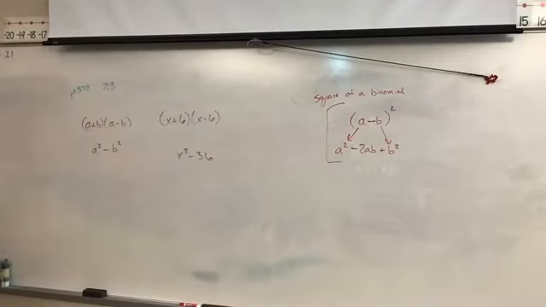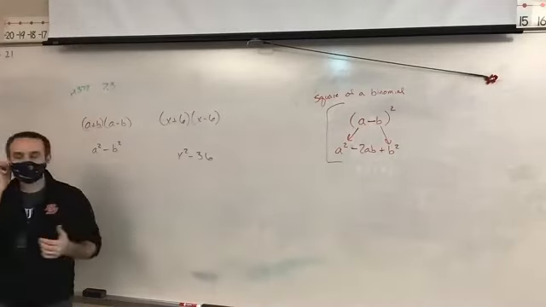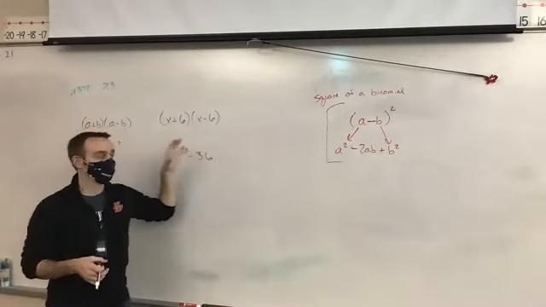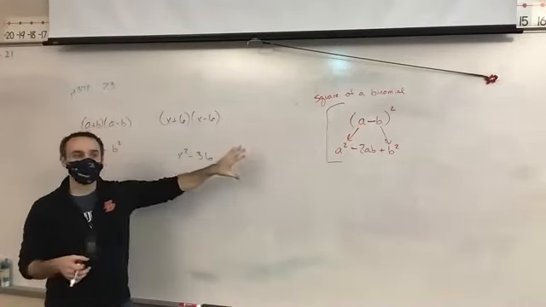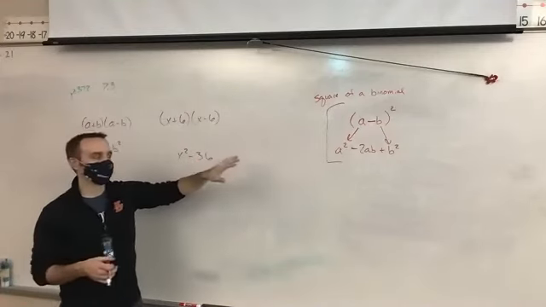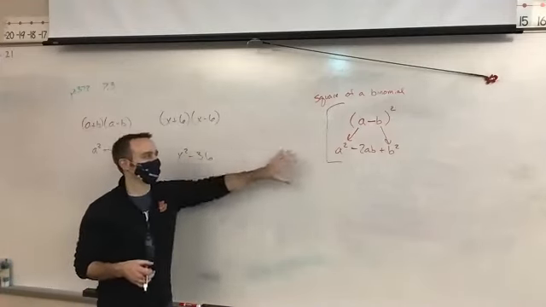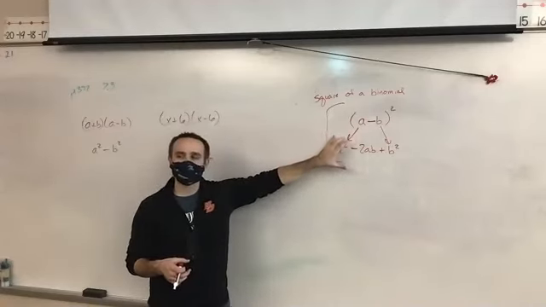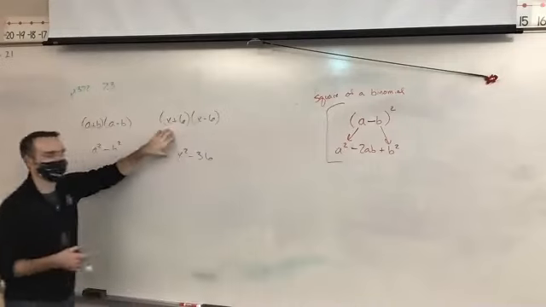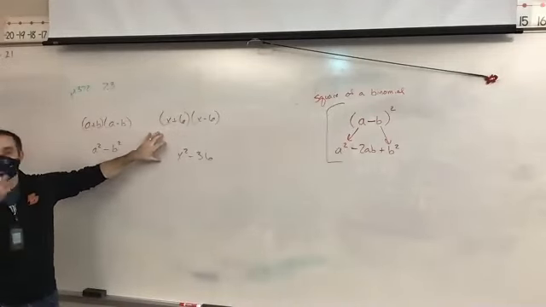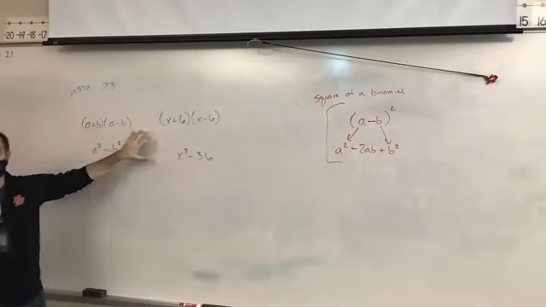Later on in the chapter, after the quiz, we're going to have to know how to do these shortcuts because we'll be doing stuff with them. The previous one we can get away with not knowing necessarily. This one you have to know, or else later in the chapter you're going to be stuck.